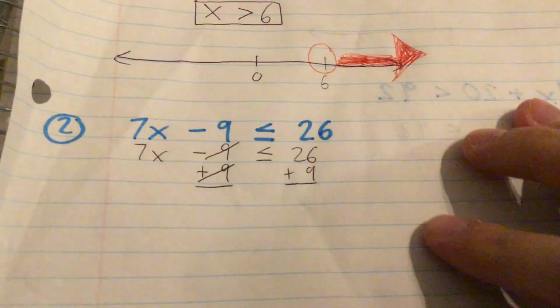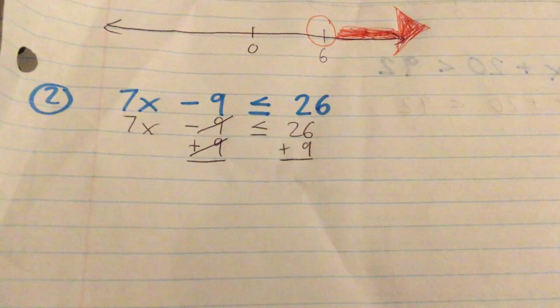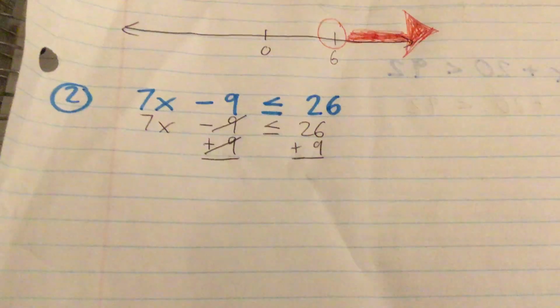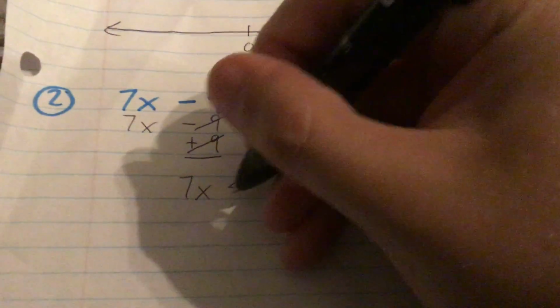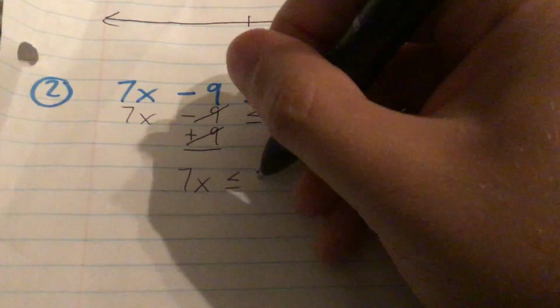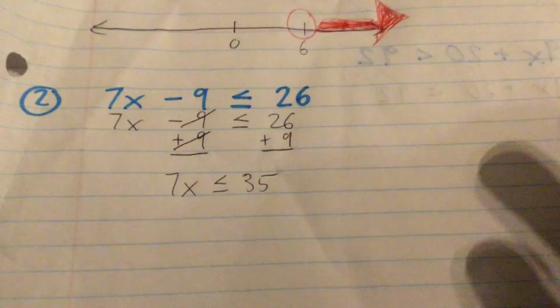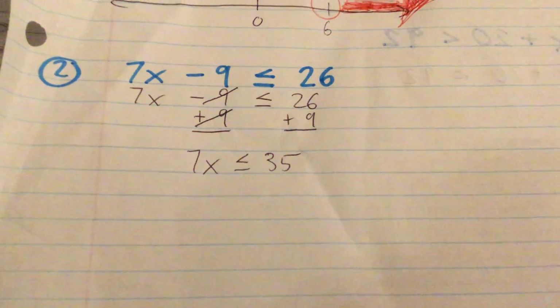Does adding 9 on both sides have any impact on the inequality symbol? No. So now 7x is less than or equal to 26 plus 9, that'd be 35. So now we've got 7x is less than or equal to 35.